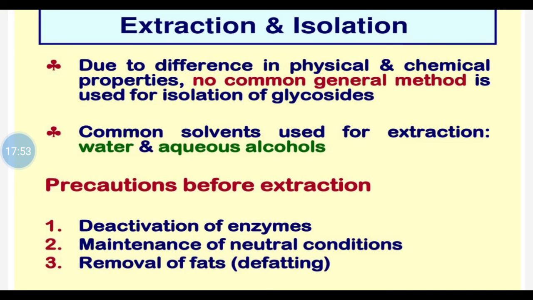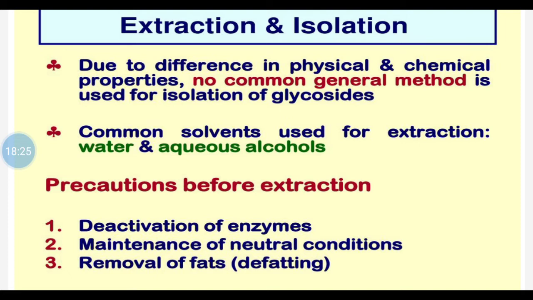Now the next part in glycosides is extraction and isolation of glycosides. So how they are separated from the drug, there we will see the techniques, and one important test is also there. Now these have variable physical and chemical properties, isn't it? So there is no agreed common general method which can be used for isolation of glycosides.